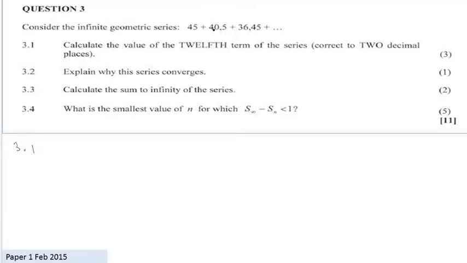So we have the geometric series, the first term, the second term, and the third term. We know the expression of the geometric sequence to determine Tn: the nth term is given by Tn = A multiplied by R to the power of n minus 1.